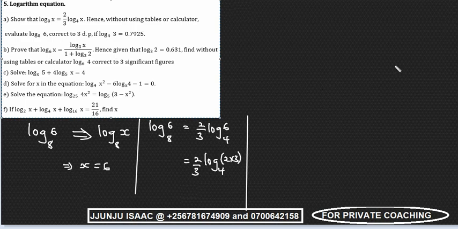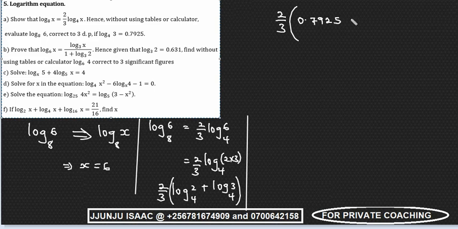Okay, so now from here you can see that this is going to be 2 out of 3, then log base 4 of 2 plus log base 4 of 3, and this can be substituted now, and we know that this is going to be 2 out of 3, then inside here we have log base 4 of 3, which is given, which is going to be 0.7925, then plus, now what is this log base 4 of 2? 2 and 4 are connected.